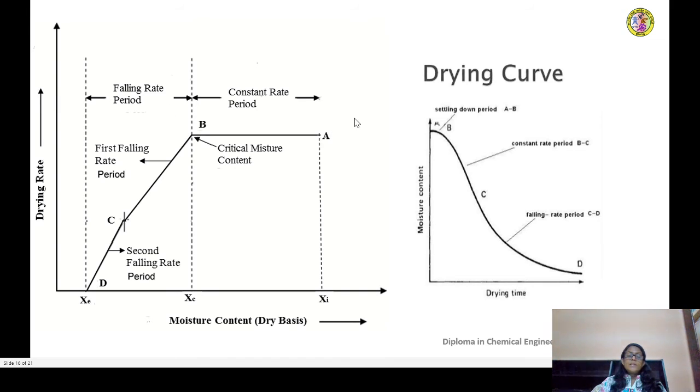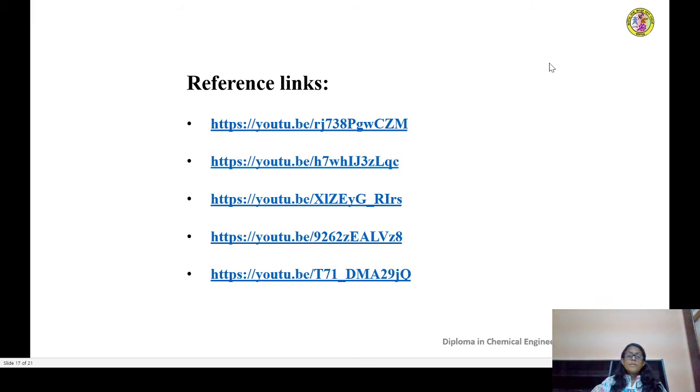Okay, so here is another diagram showing you the rate of drying curves. Do watch these videos, the links of which I have provided you. These are really helpful in understanding the concepts. Please do make use of them.